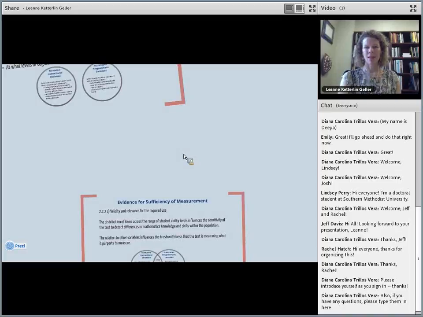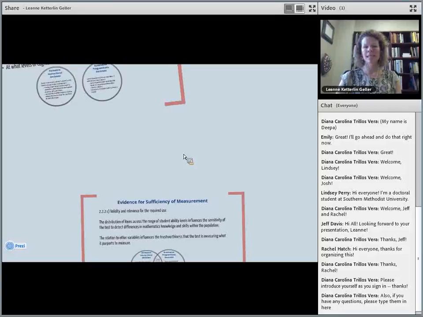As we go to the evidence that supports test use under the tip of the iceberg, the first evidence that I'd like to talk about is section 2.2.2a of the guidelines, and that is the scope or coverage and representativeness of the test content.